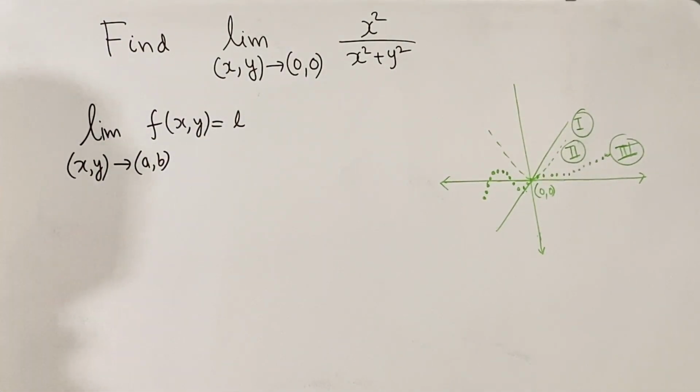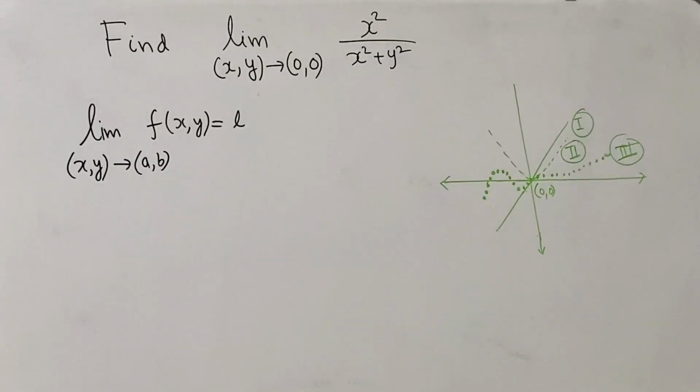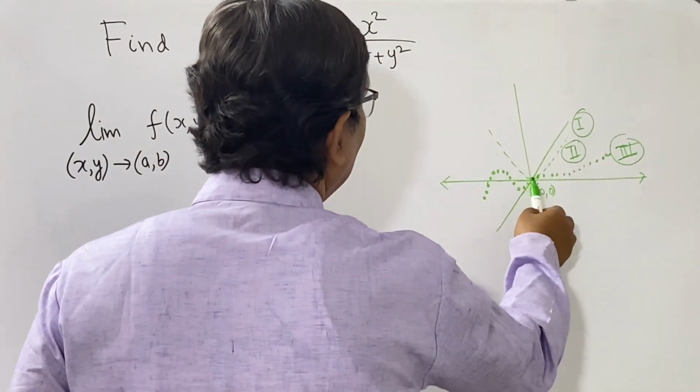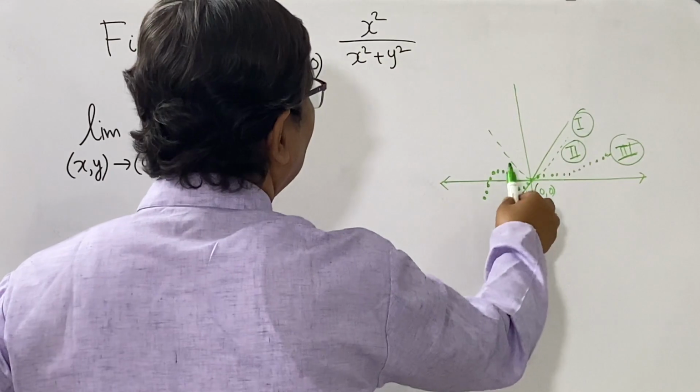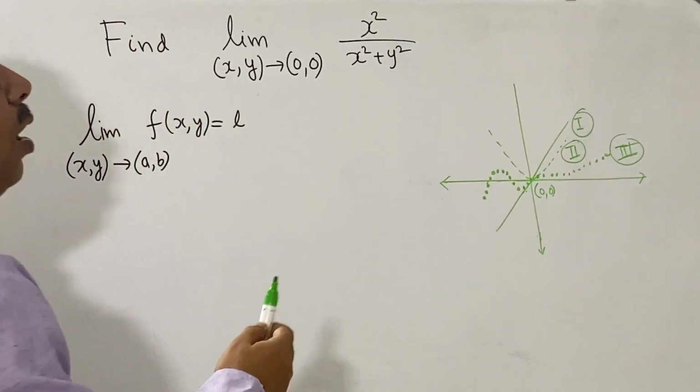If following two different paths we get two different limits, then the double limit does not exist. So one way of showing that a double limit does not exist is to choose two paths and find that the limit following path 1 and the limit following path 2 are different.